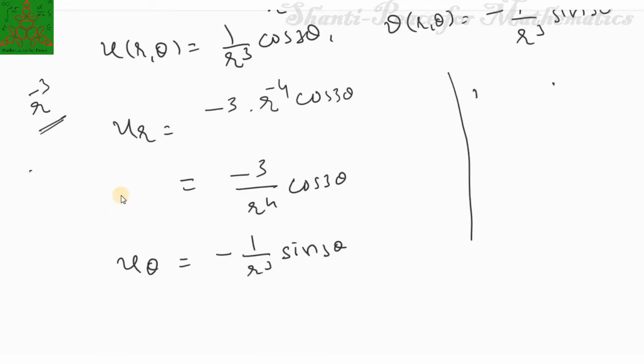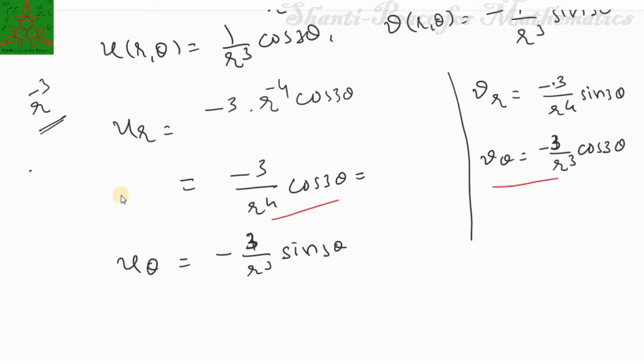Then vr is again minus 3 upon r raised to 4 sin 3 theta, and v theta is minus 1 upon r cube cos 3 theta into 3. Here also 3 came. This I can write down in this form as minus 3 by r cube cos 3 theta into 1 upon r, so that is 1 upon r v theta.